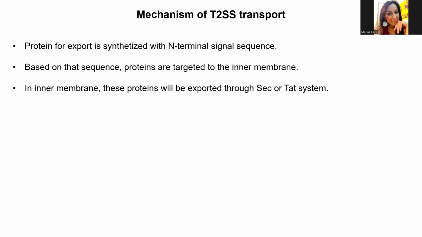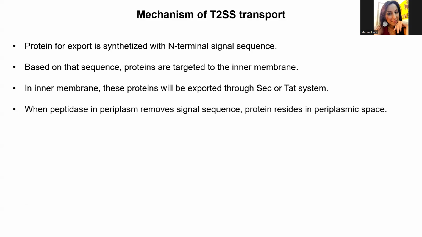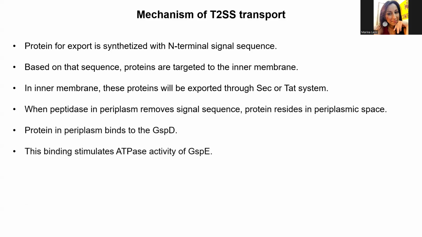So membrane components and proteins for export are both exported through the SEC system. When exported through SEC or TAT translocation systems, there will be a peptidase in the periplasm that will cut out that N-terminal signal sequence in the periplasmic space. And in the periplasm, the protein will bind to GSPD. We talked about GSPD, that will be the outer membrane pore.